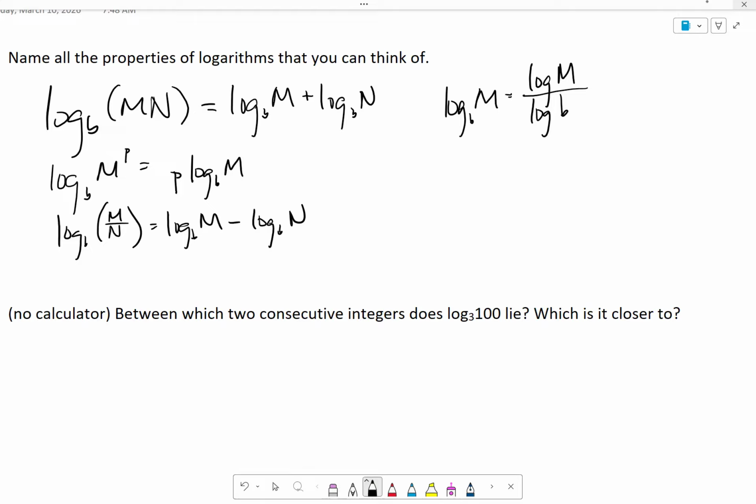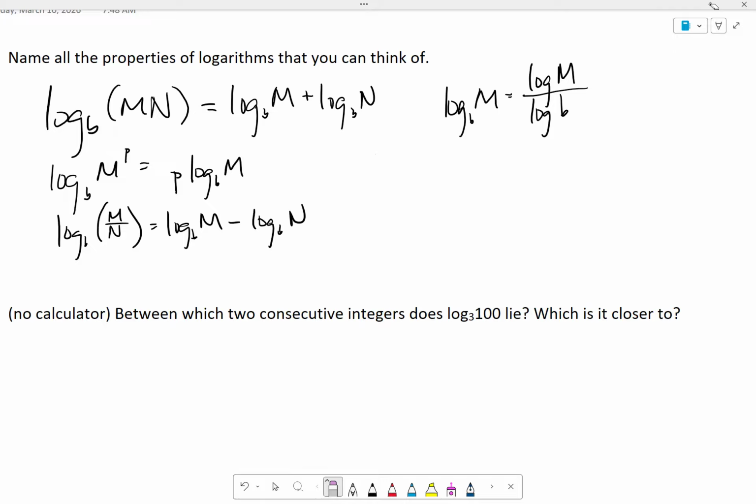Were there any others you need to know? Oh, okay, so that's kind of like using this one, isn't it? So that's an example of when you would use it. Exactly. Good. Any other properties that people remembered?